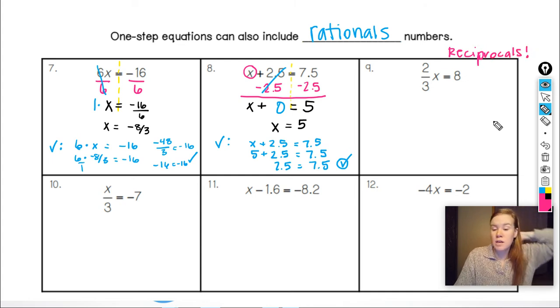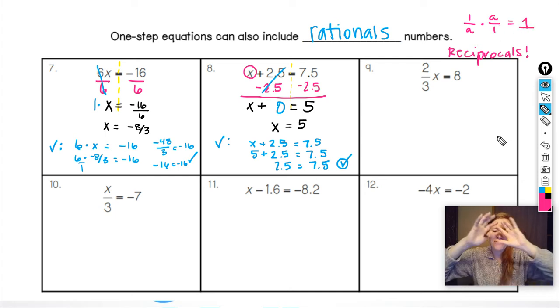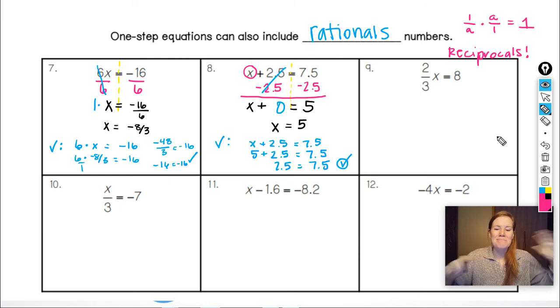Because anytime you take a fraction like 1 over a, and you multiply it by its reciprocal, a over 1, the answer is 1. So we can get rid of that left side number by using reciprocals. So what is the reciprocal of 2/3? You just flip the fraction upside down.